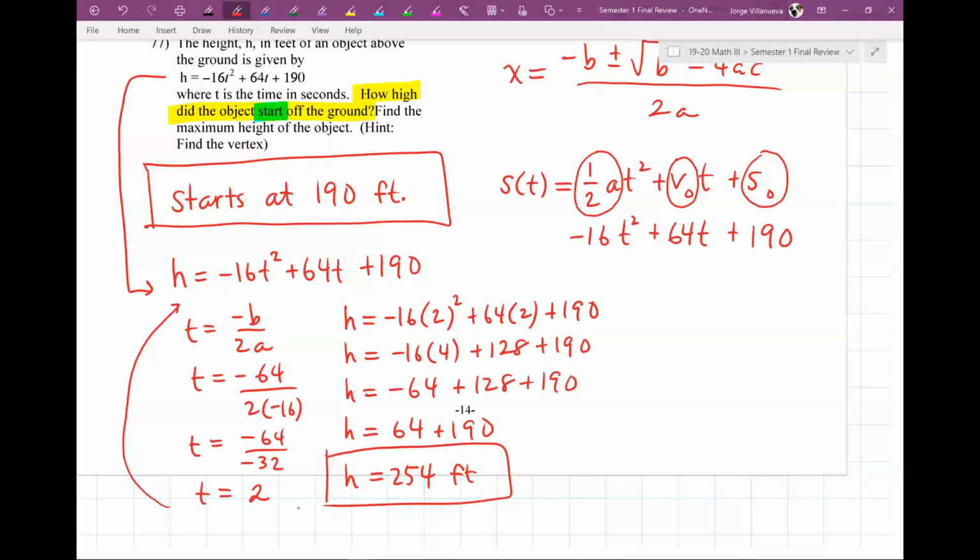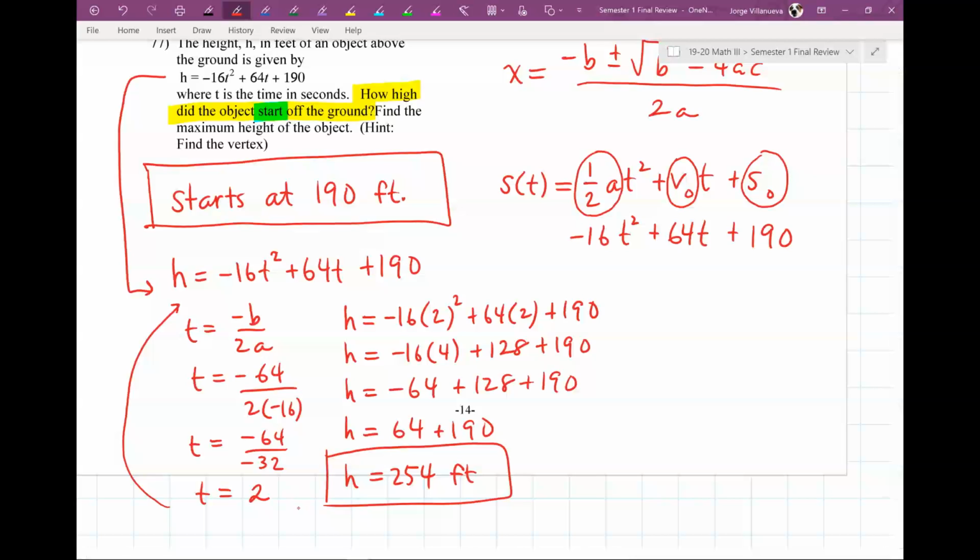I just found my vertex, but I'm applying it differently. So my vertex would be the point 2, 254. But they just want the height, so they want the y value. So there it is. Now notice you're not cheating by doing what I taught you.